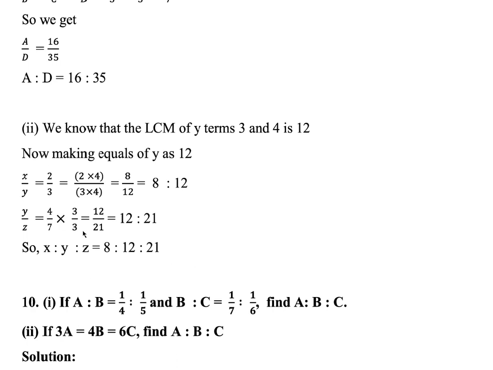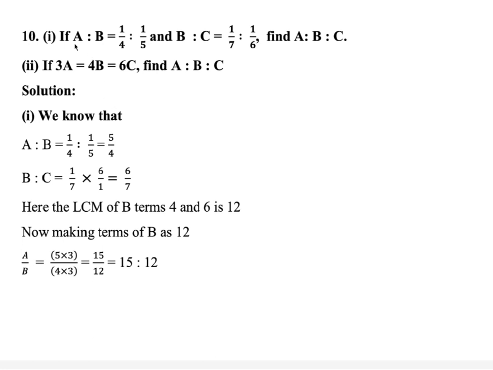So I will multiply the denominator part, that is the 7 into 3 is equal to 21. So that comes to 12 is to 21. So ultimately x is to y is to z, 8 is to 12 is to 21 will be the answer. Very popular types of sums that is coming in the exam. Come to the next problem.